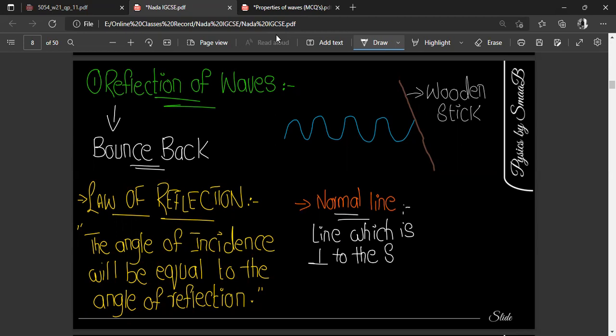Okay, so this is our reference line through which we can measure all our incident and reflecting angles.